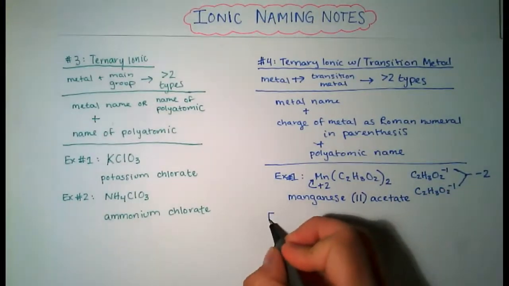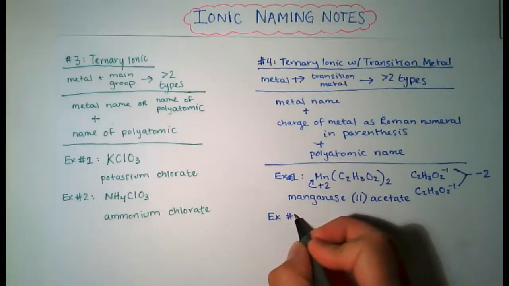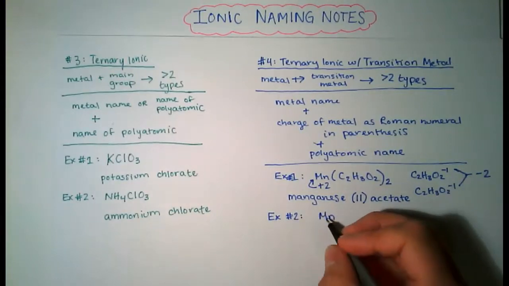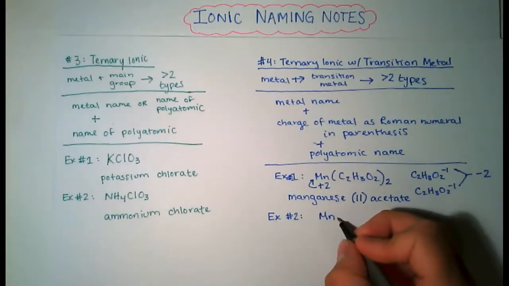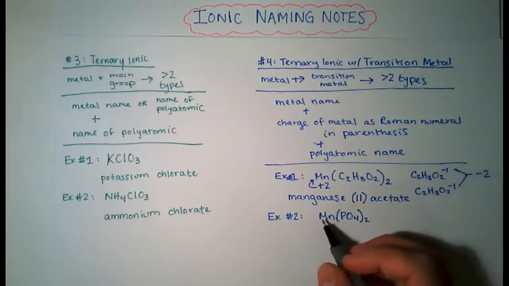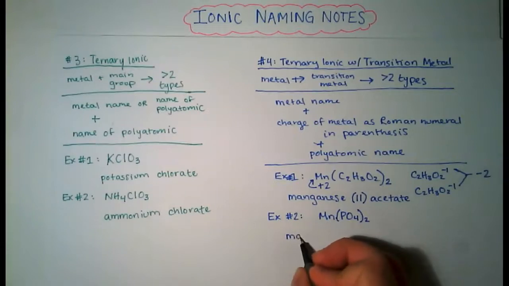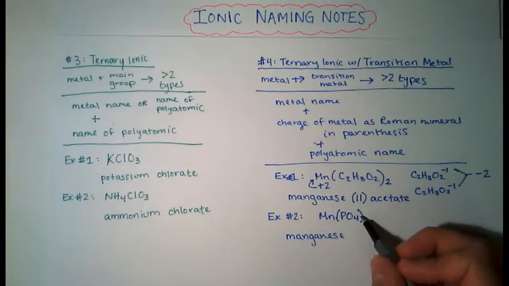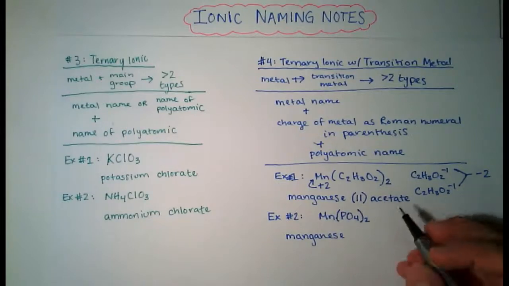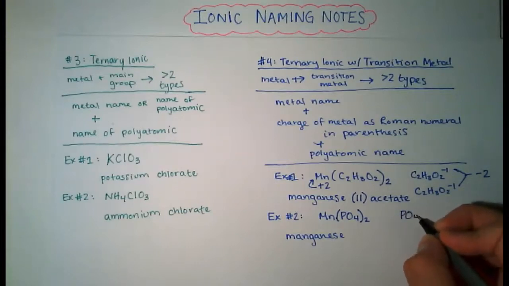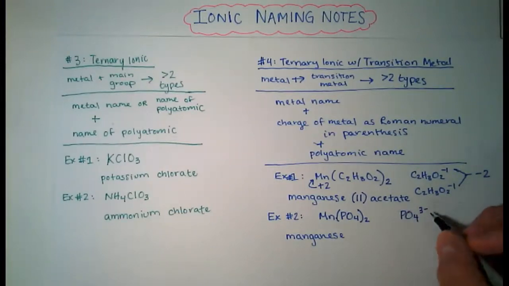And then our final example, example number 2 here, is going to be Mn3(PO4)2. So here, once again, we have manganese. I'm going to write my name of my metal. And then I have two PO4 ions. So PO4 is the phosphate ion, and it has a -3 charge.